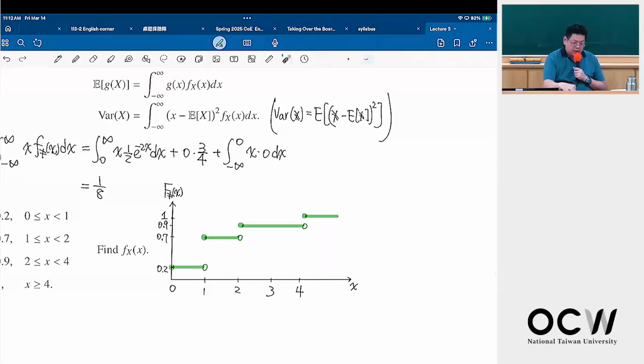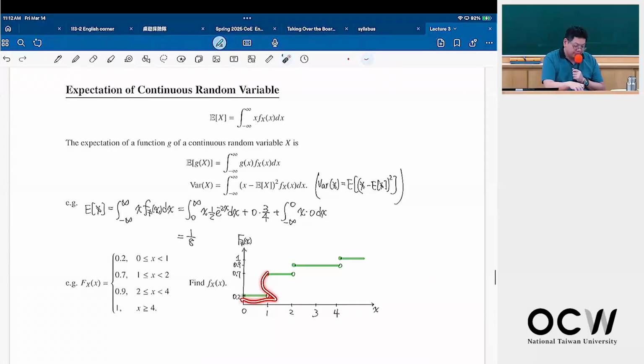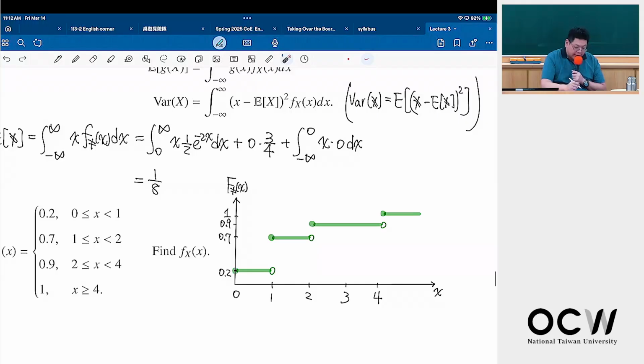Okay, you can check if this CDF is valid or not. Non-decreasing. Okay, it's non-decreasing, and it's between 0 and 1. And we observe that we have a gap. That means that at that point I have a probability.